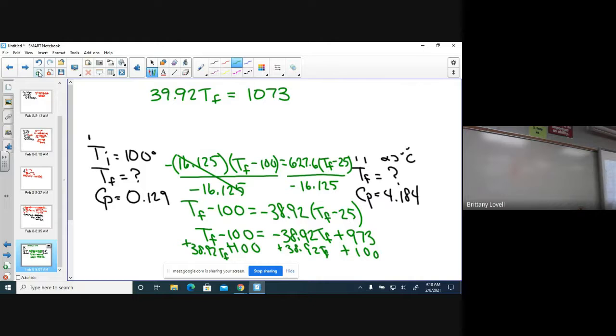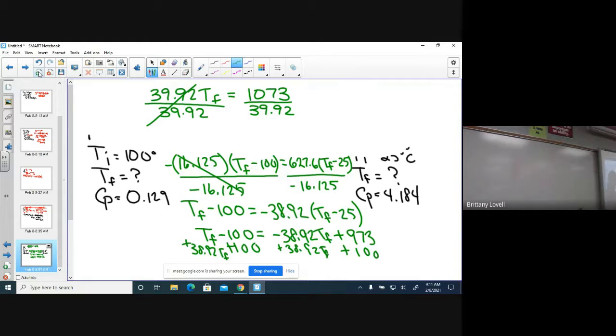Now we're almost done. All you're going to have to do is divide both sides by whatever's attached to that little variable. So 39.92, divide both sides by that. That cancels out.